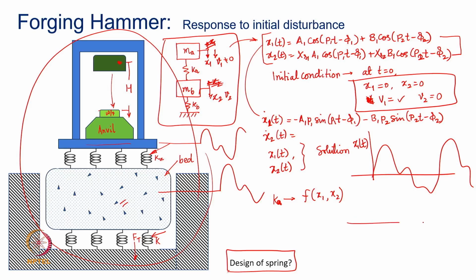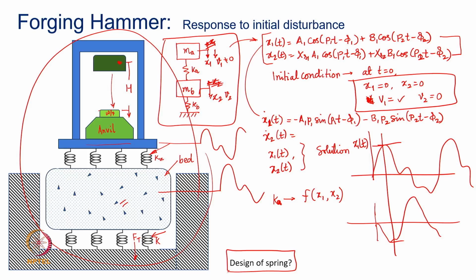So, you may have a case where individually those displacements may be fine for the spring design, but at a particular instant of time the total stretch will be relative, right. If x1 is negative, x2 is positive, or vice versa, the total stretch is going to be much larger than what you might expect. Okay.